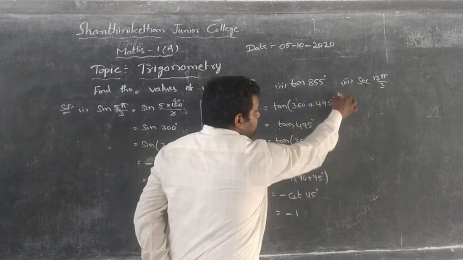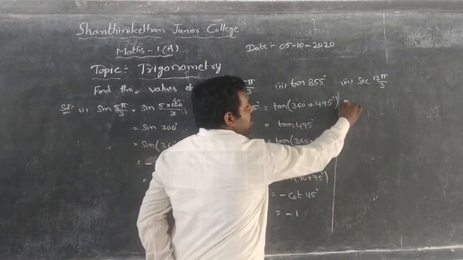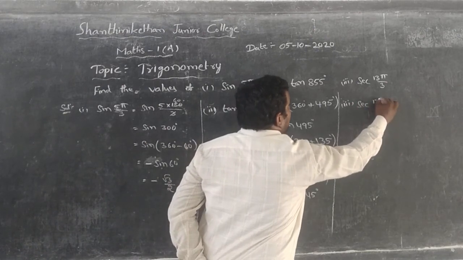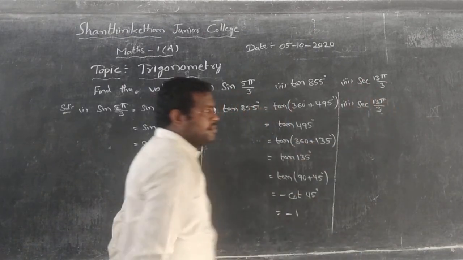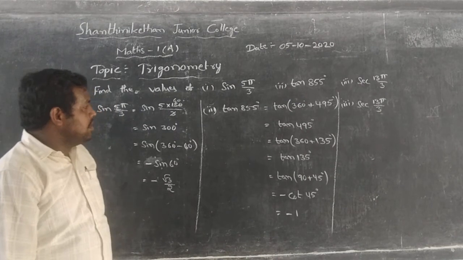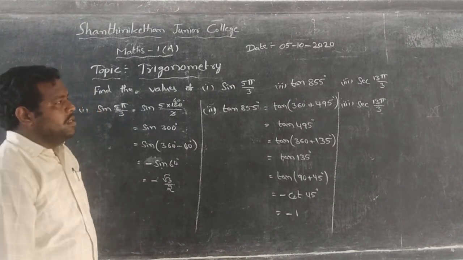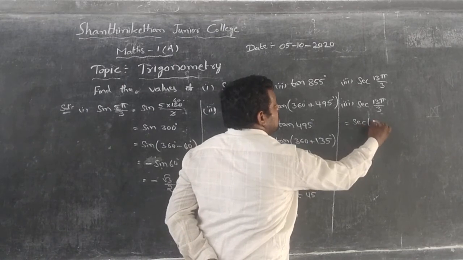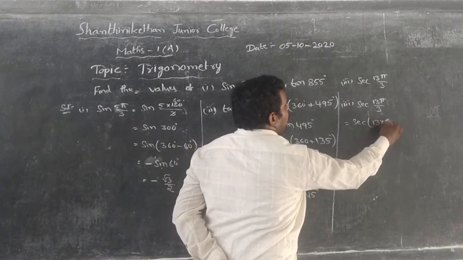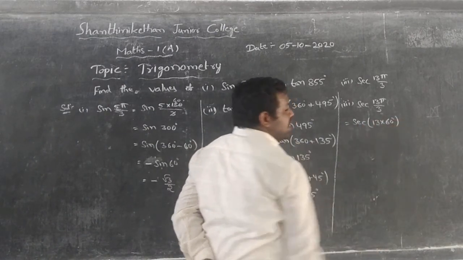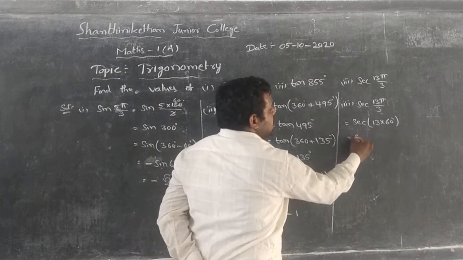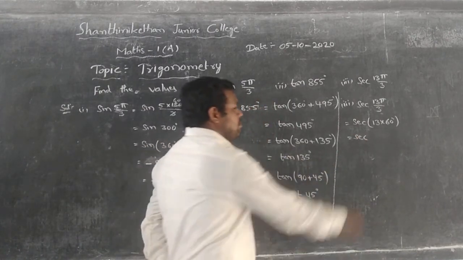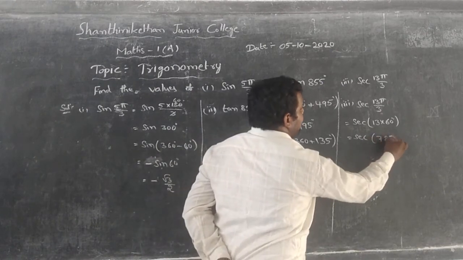What's the third one? Third one. Secant 13 pi by 3. Pi by 3 means 60 degrees, so 13 into 60 is 780.